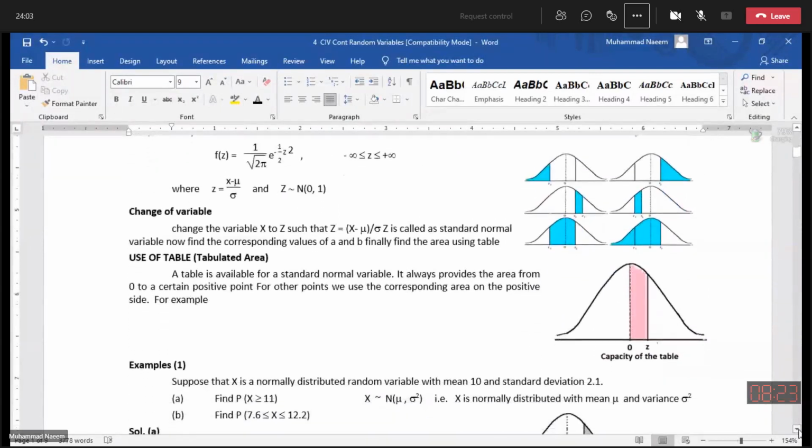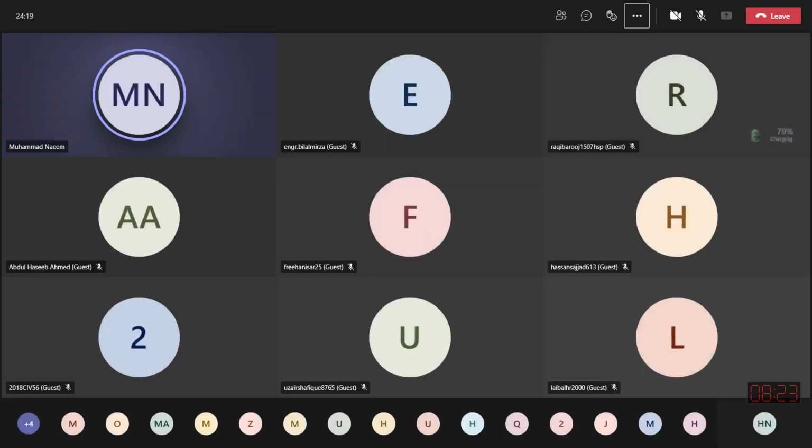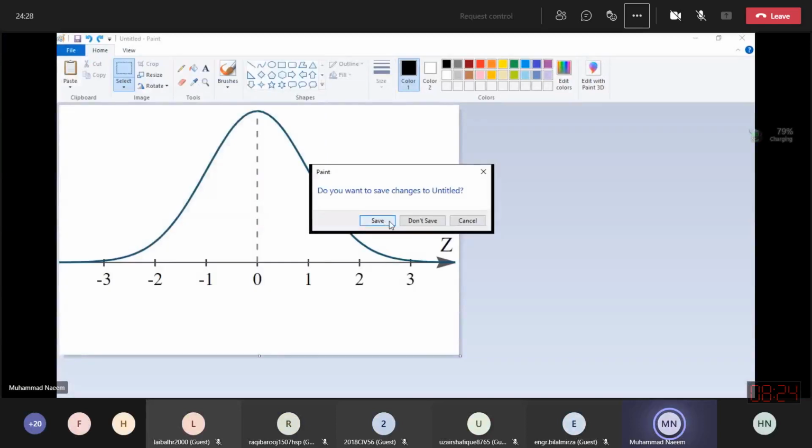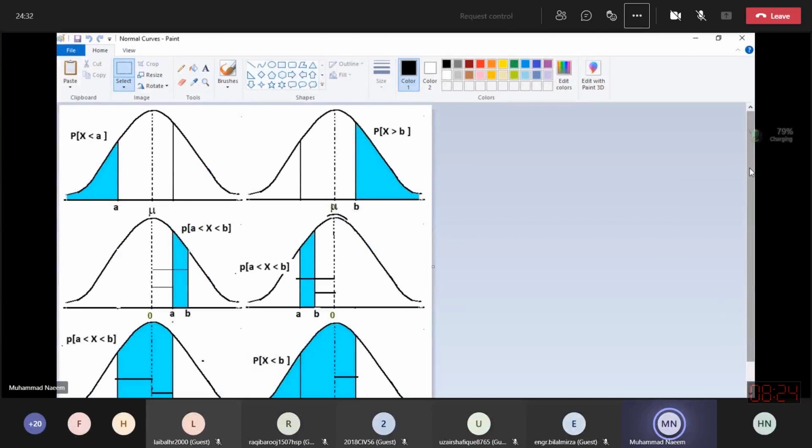And how the area may be, we can have in different problems. We have areas of the form, let's say, of this form.